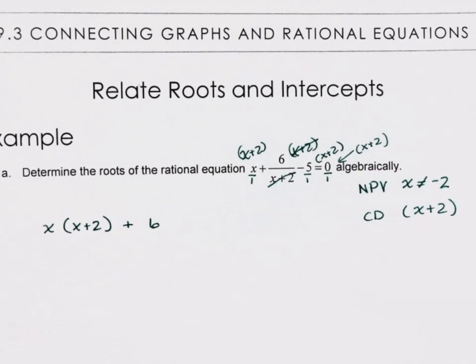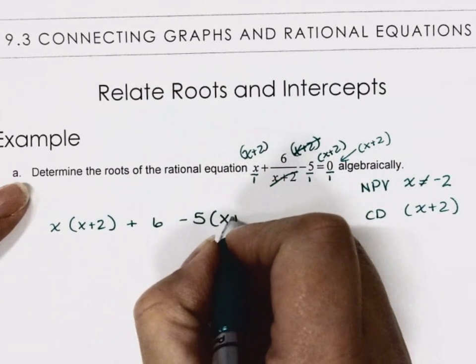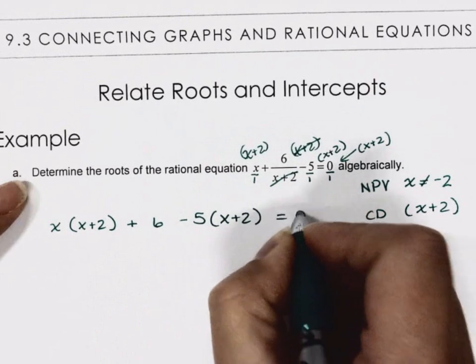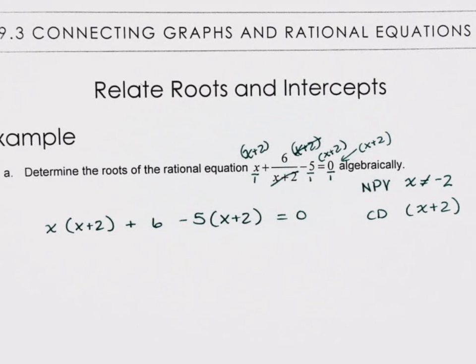That was the whole purpose of doing this, to get rid of the denominator. Are we good with that? That was the result of multiplying all term tops, numerators, by X plus 2. And that's what we get.